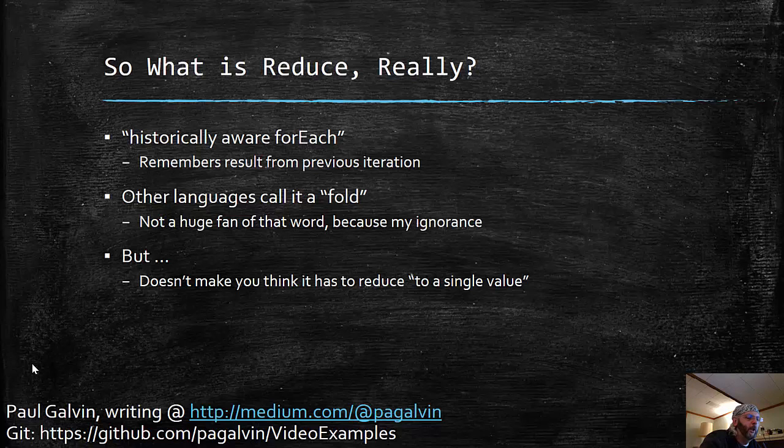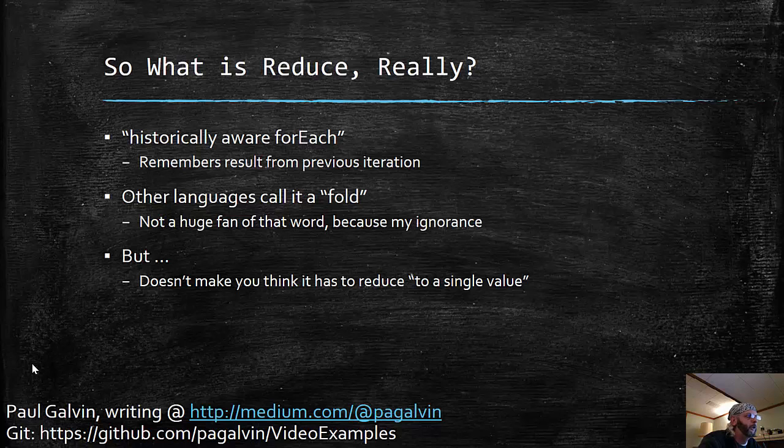So that's what I mean by historically aware. It knows what happened in the past, and then it can use it or not. And so in my counter example, I'm just using it by appending to it. I'm not actually interrogating the result or doing anything interesting with the result, but I know what the result from the last iteration was. That's unlike a regular for each, where each iteration happens in isolation.